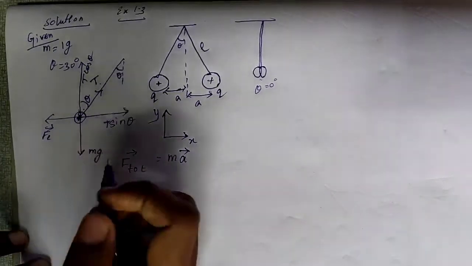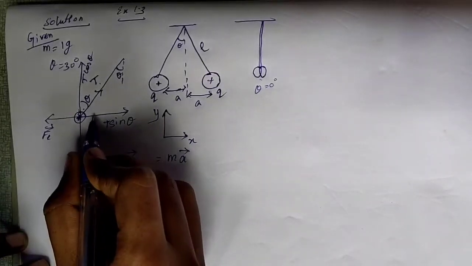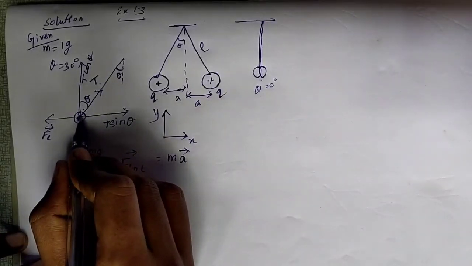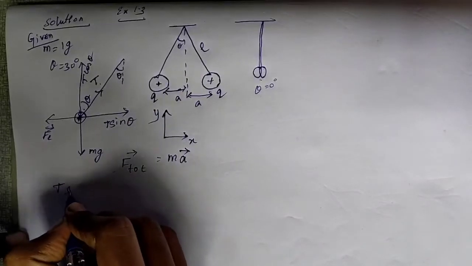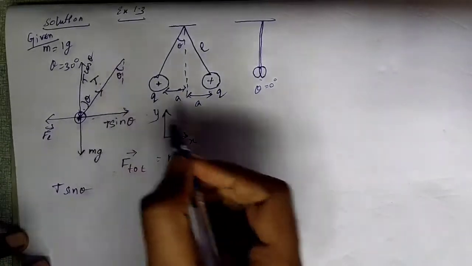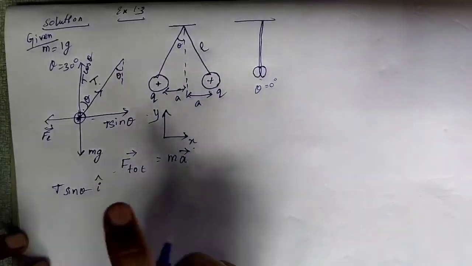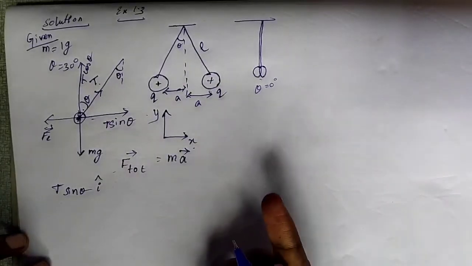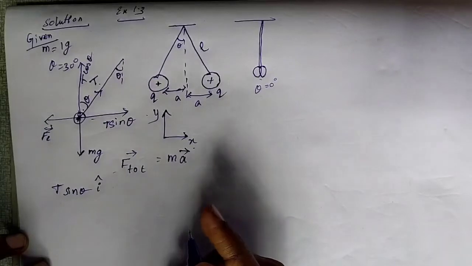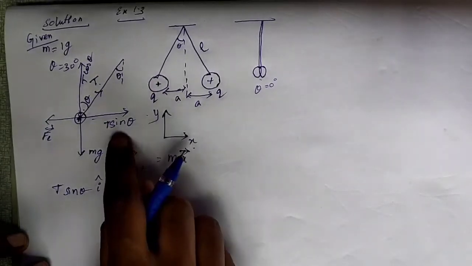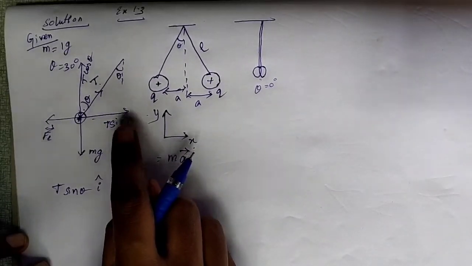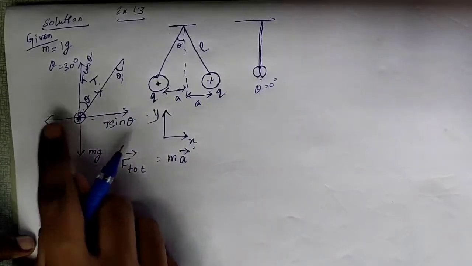Now the tension in the x-axis is T sin theta along the x direction, so I am using i cap. For x it is i, for y it is j, for z it is k. Next, this T sin theta is balanced by the Fe vector.